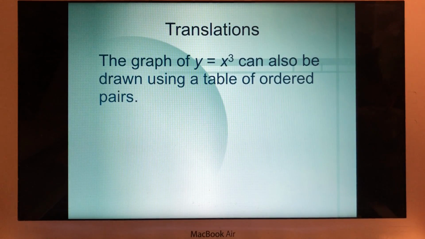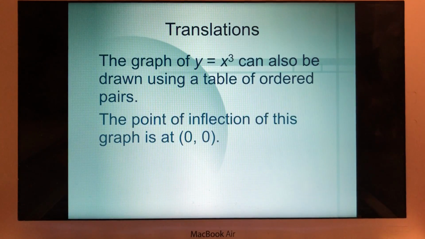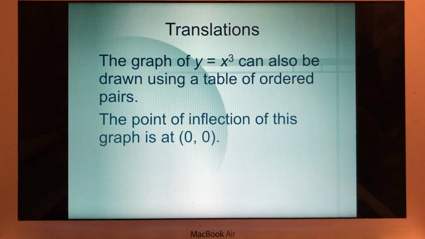Now, let's say we have a graph of y equals x cubed. This can also be drawn using a table of ordered pairs. You can select points for x, and then you'll get x cubed. You can calculate that. The point of inflection of this graph is at (0, 0).